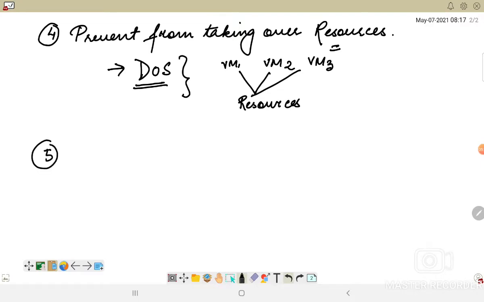The next important point is we have to disable unnecessary functions inside virtual machines. In the last session also we talked about disabling any additional features.